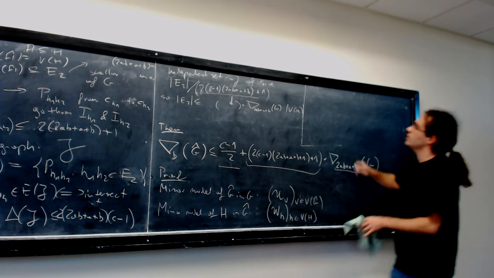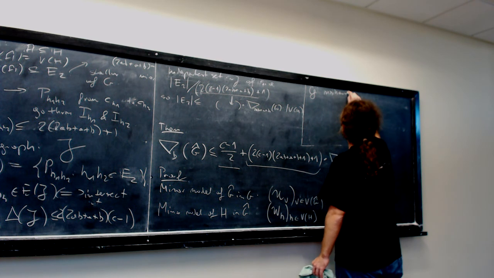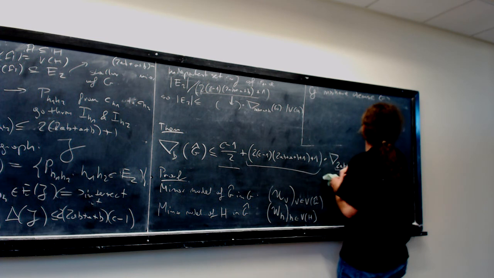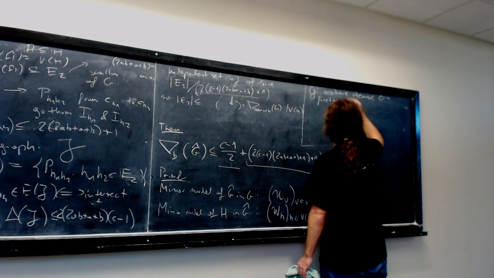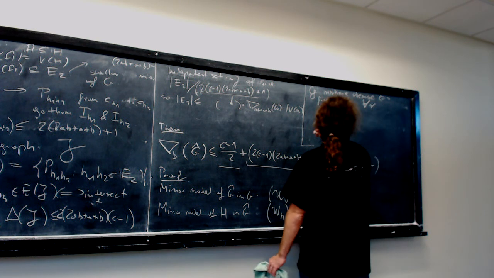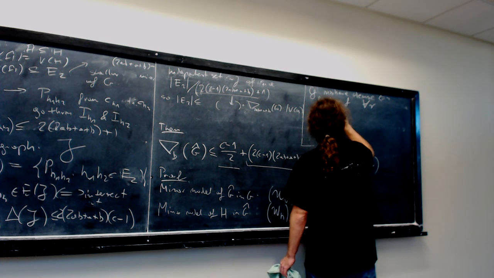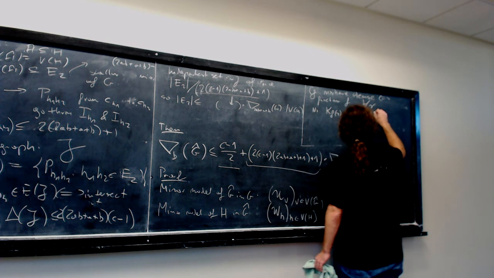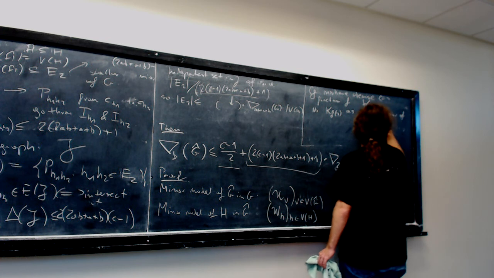The graph class G was nowhere dense if and only if there was a function f, such that for every radius r, there was no K of f of r as an r-shallow minor of every g in G.